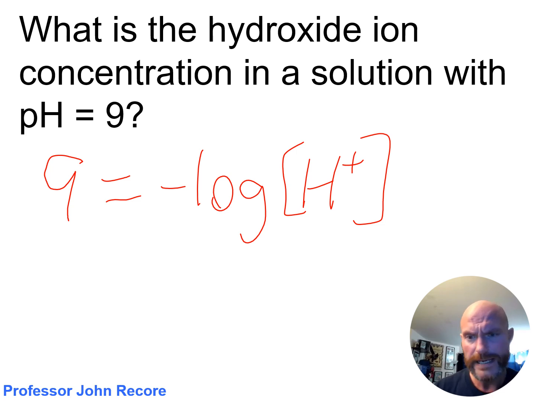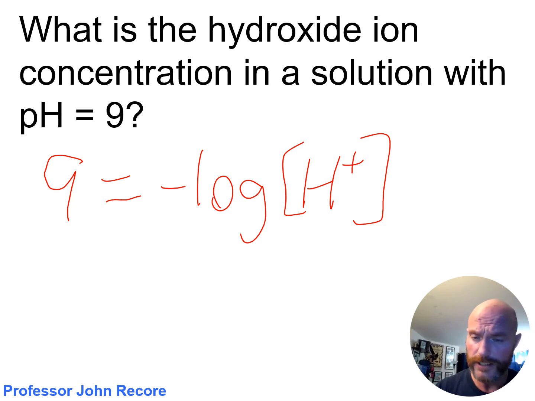So if we know that 9 is our answer, then we can make the assumption that the hydrogen ion concentration is 10 to the negative 9th power. The reason is because the log of 10 to the negative 9th power is negative 9.